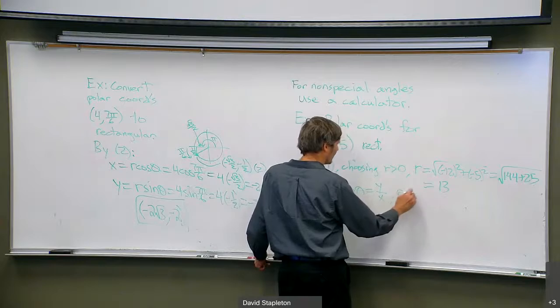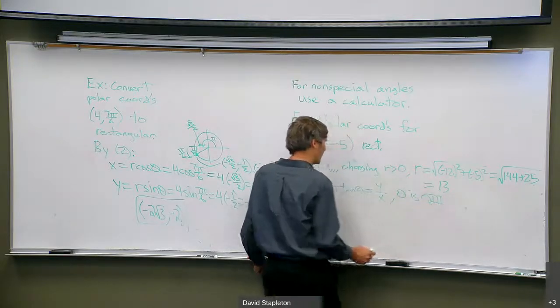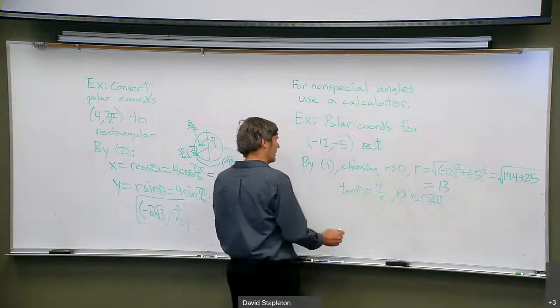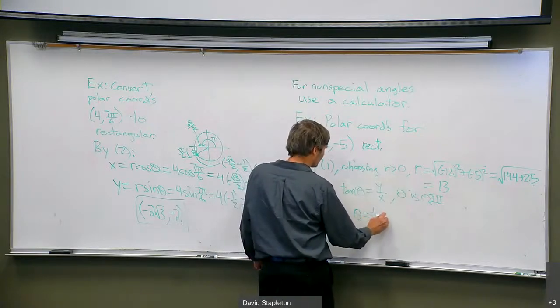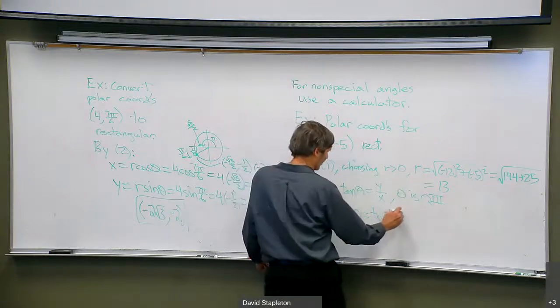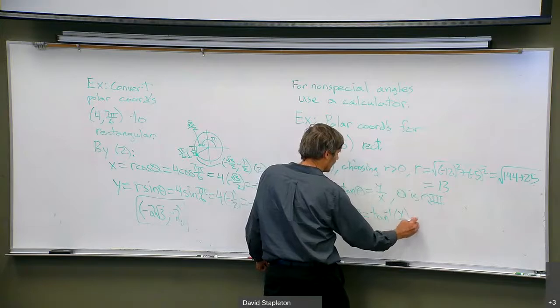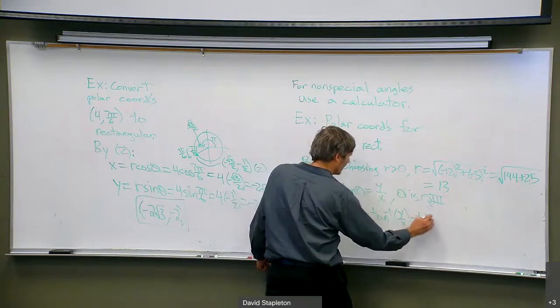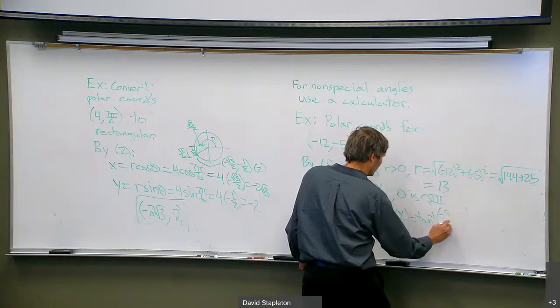Well, I solve this for theta in quadrant 3. Well, let's see. There's two different directions. One of them is always theta equals the arc tangent of y over x. Well, this way, it is arc tangent of minus 5 over minus 12.